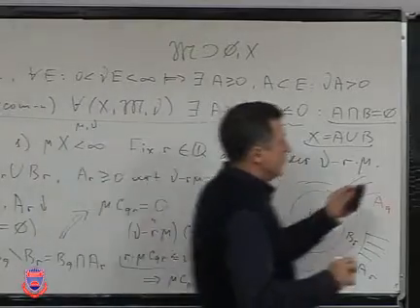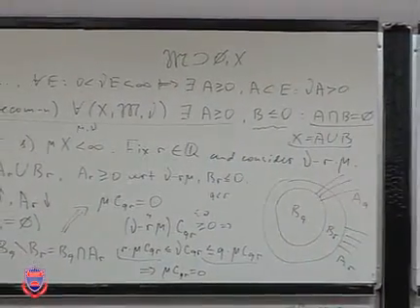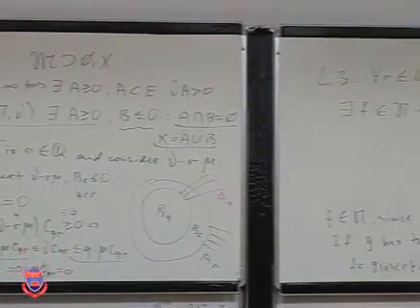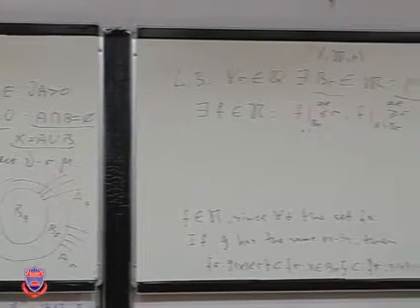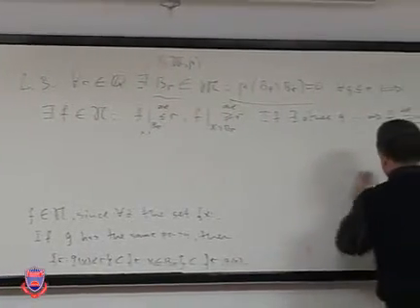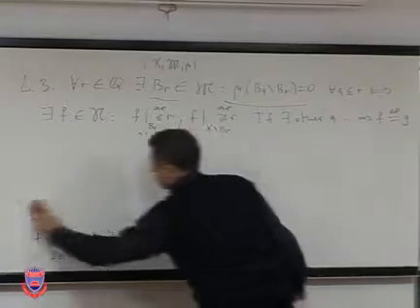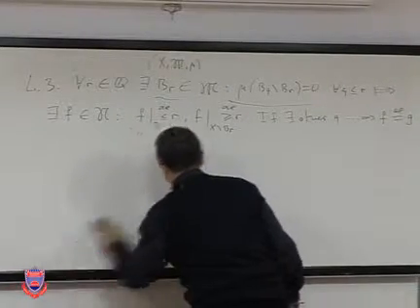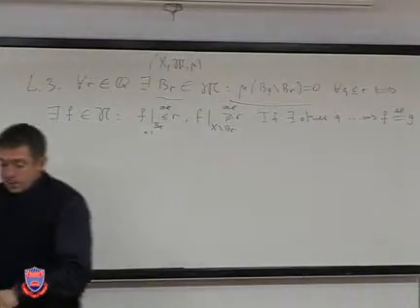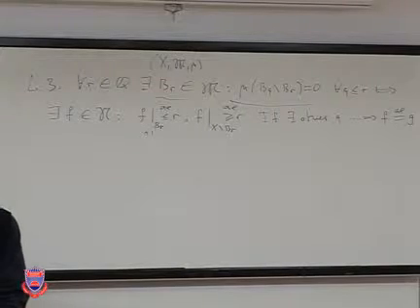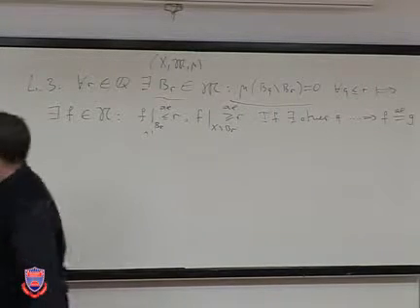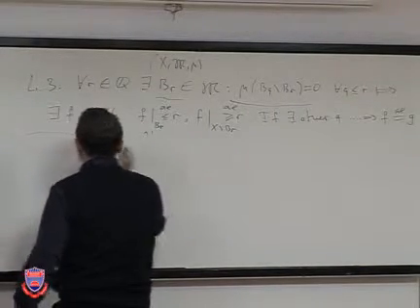Now, I will move here. Now we will define the function f, yeah? But we will define the function f not for B, but for A. Of course, it's not so important. Now, since we have this condition, we can apply lemma 3.